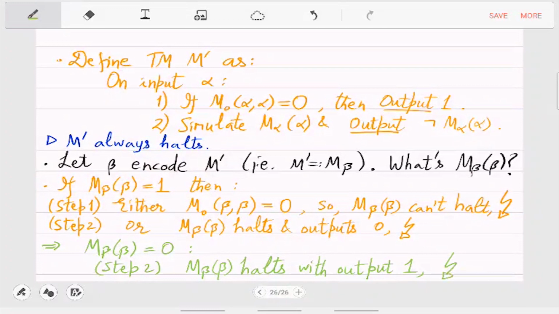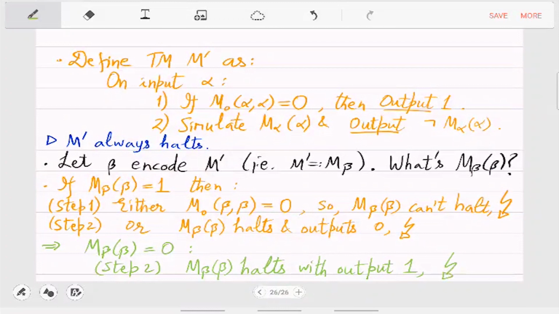So, you have to maybe look at this proof many times before you completely understand what just happened. What happened is we assumed that M0 exists, a halting problem solution exists. From that we designed this M prime which negates the answer and also takes care of the infinite loop.